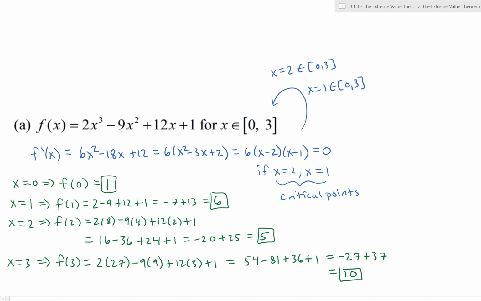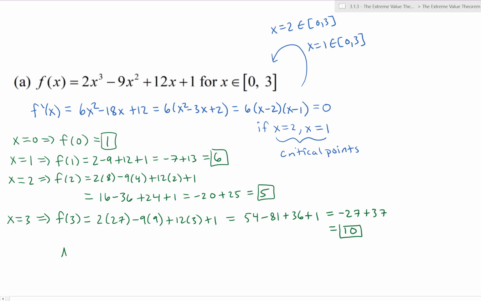What's the conclusion? The absolute max value of this function f is going to be equal to 10 at the location x is 3. So that's at the right-hand endpoint.